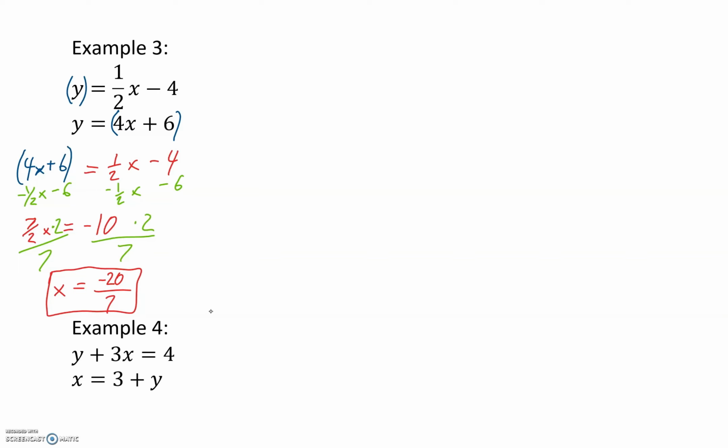So now that we have that, we can plug it back in to one of these equations. We'll just plug it into this one. So we're going to have y equals 4x plus 6. But instead of x, we're writing negative 20 over 7.